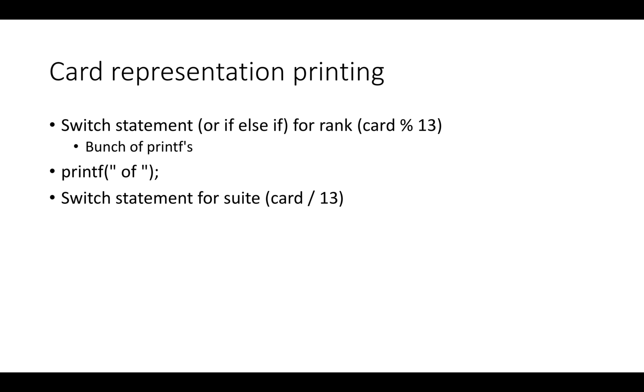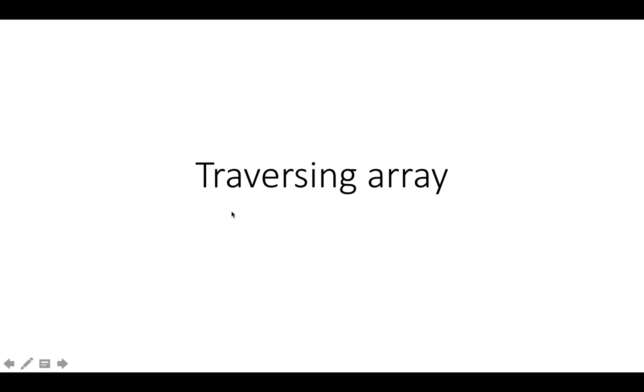You'd have case 0, and then you'd printf ace, you'd have case 1, you'd printf 2, and so on and so forth. And then between these switch statements, you have printf of, and then you have another switch statement for suit, so that would be card divided by 13. So that's how I go about doing that.